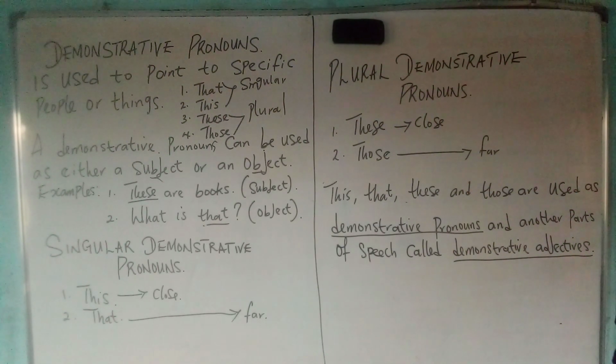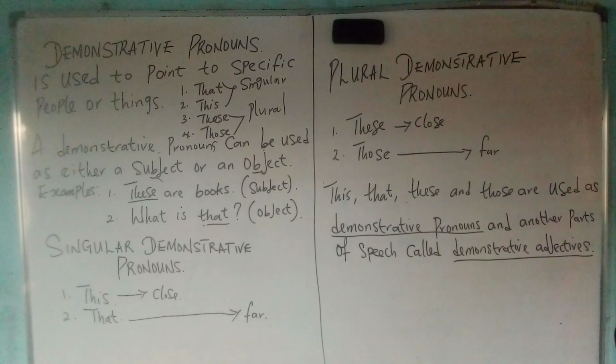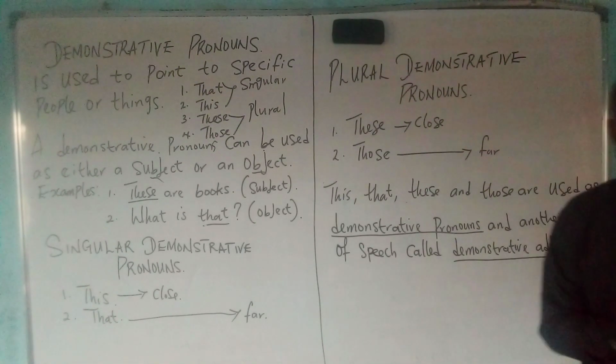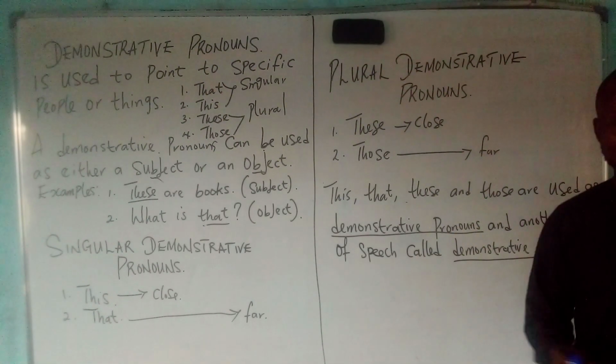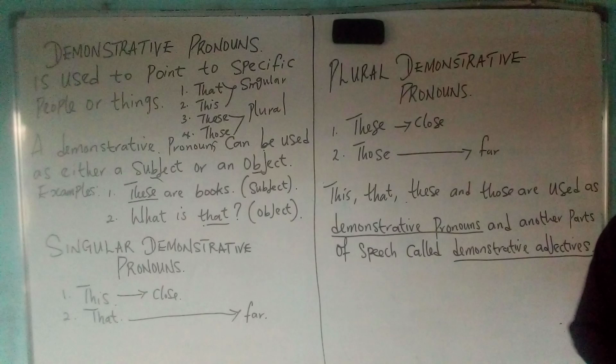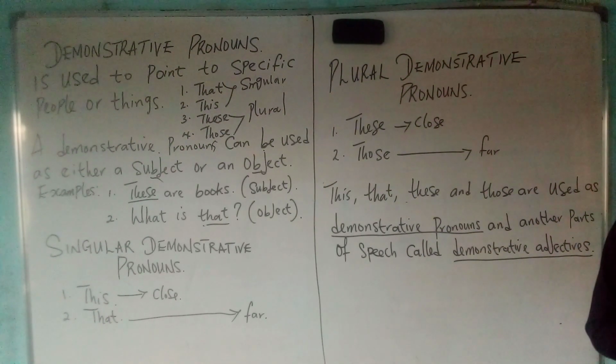That means they are used to replace a noun or pronoun in a sentence. But when it comes to demonstrative adjectives, they are used in place of what? Adjective to describe something, because adjective does what? Adjective describes, it gives more information about a noun or pronoun in a given sentence or context, as the situation may be.